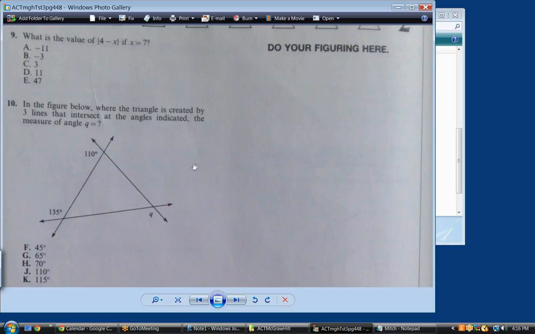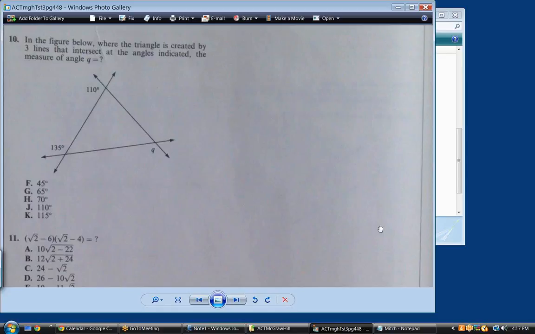Okay, so C. Remember, what's very useful is being able to subtract from 180 whenever you're doing geometry. You have to do it all the time.